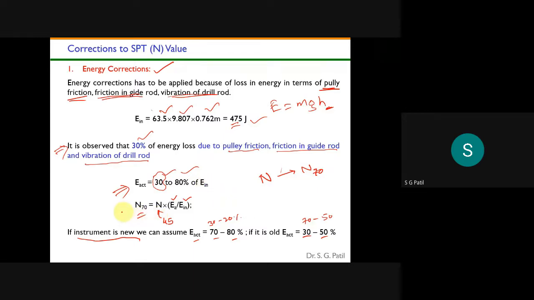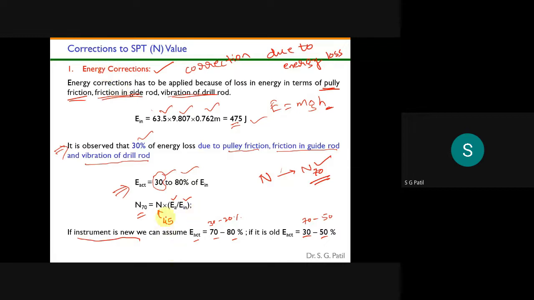That is my correction due to energy loss. Once you apply that correction, you will get N70.